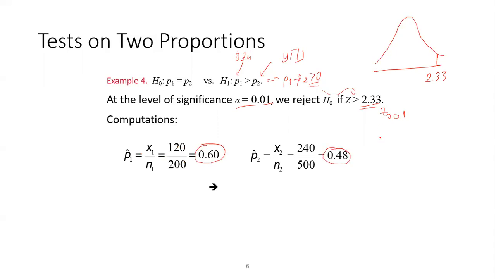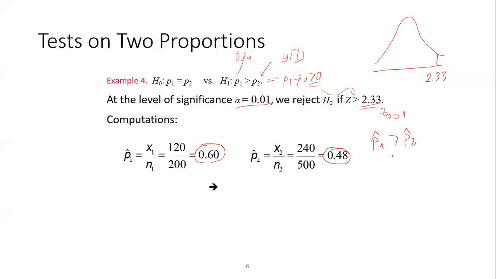So the key question is, it turns out that 0.60 is greater than 0.48, so why are we making a hypothesis test? Just pause the video and think about this a little bit. Well, yes, 0.6 is greater than 0.48, so P1 hat is greater than P2 hat.